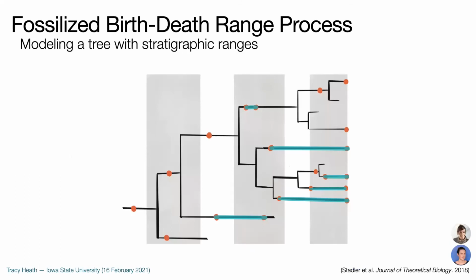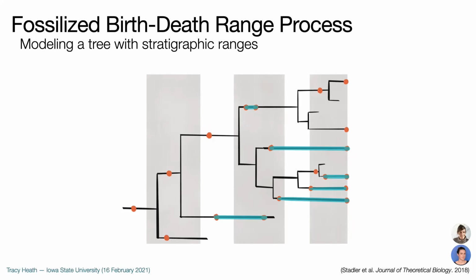And so through our collaboration with Rachel Warnock, who's a theoretical paleobiologist, we've extended these fossilized birth-death processes to account for the way that the paleontological data are collected, summarized, and maintained. This is an extension of the fossilized birth-death process that we call the fossilized birth-death range process, which is a process that gives rise to a phylogeny with sampled fossils that also have stratigraphic ranges.